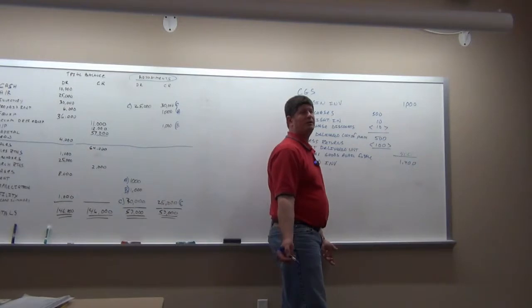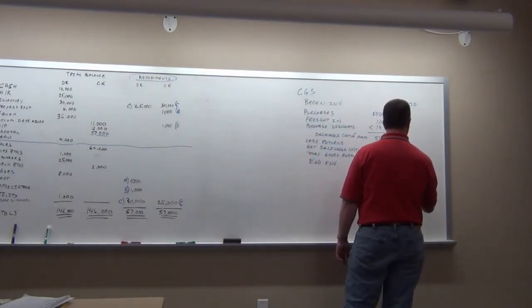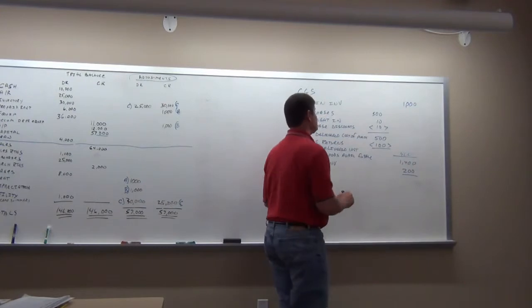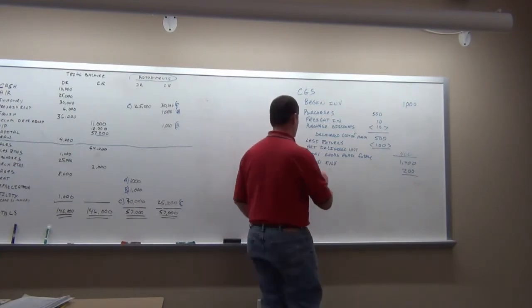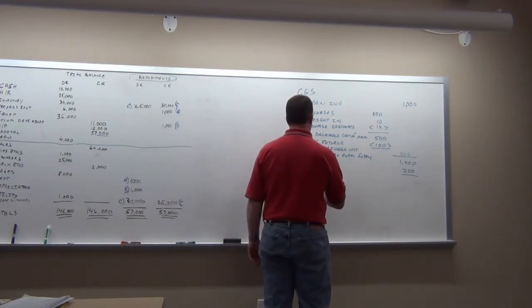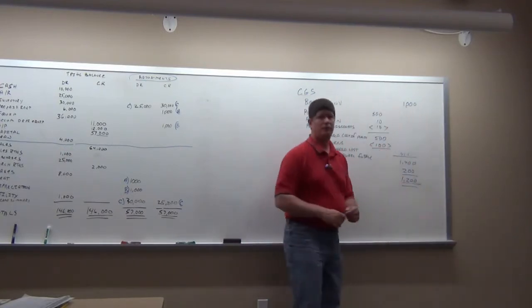Pick a number, anybody. 10,000? That would blow up my whole problem, wouldn't it? 200? My ending inventory is 200. So if I take my total goods available, I could have sold $1,400 worth of stuff, but I have 200 left over. I get cost of goods sold of $1,200.